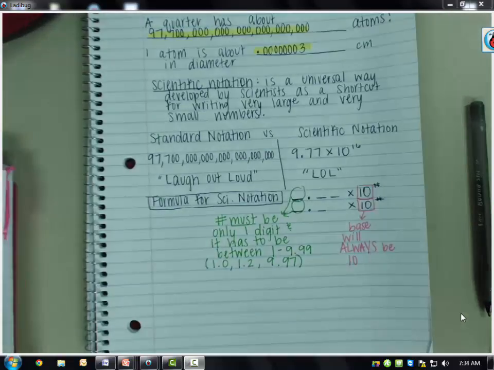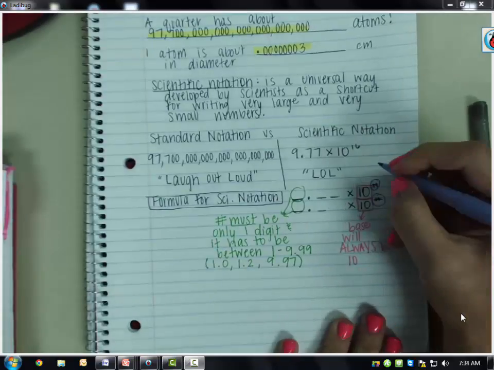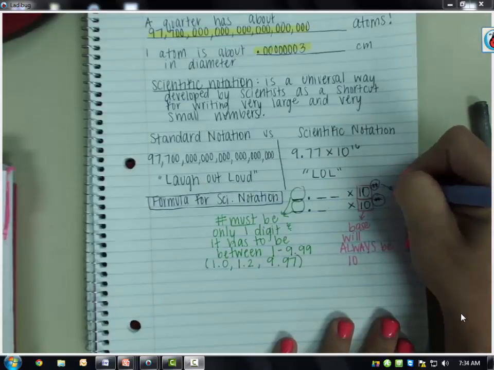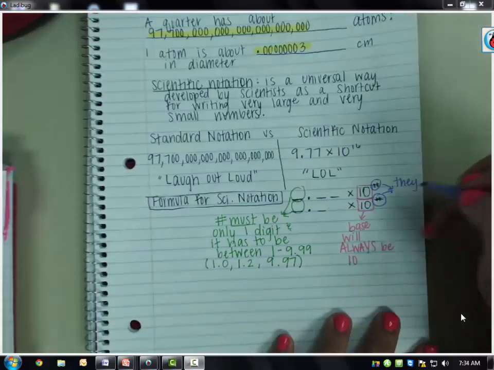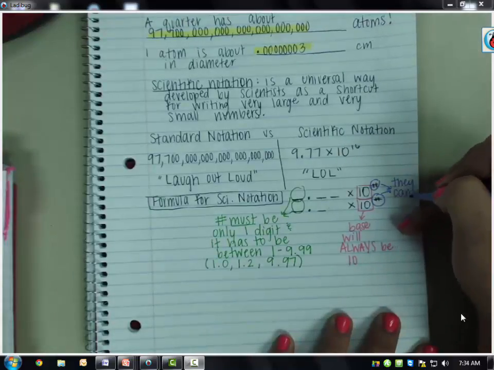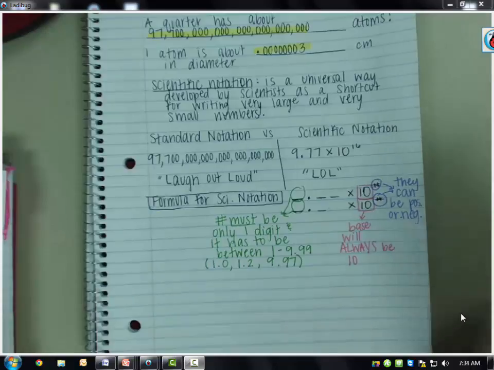Your exponents, guess what? They can be positive, or what do you think? Or they can be negative. Okay? I know you've probably seen this in science, but we're going to do it in math.